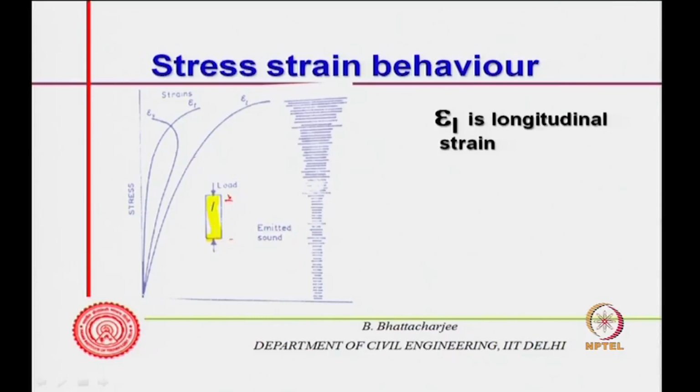Then this is transverse strain, that means if I measure the strain along this direction, that is transverse strain, and there is volumetric strain, because volume changes: change in volume divided by the original volume. Volume change can be a reduction, because on this side there is a reduction and on this side an expansion; the net effect initially is an expansion, then there could be a reduction in the volume.